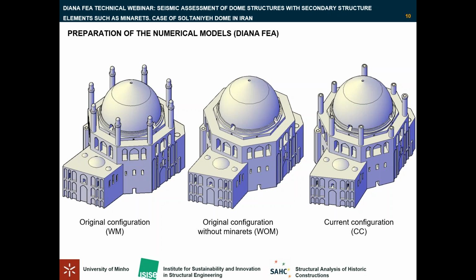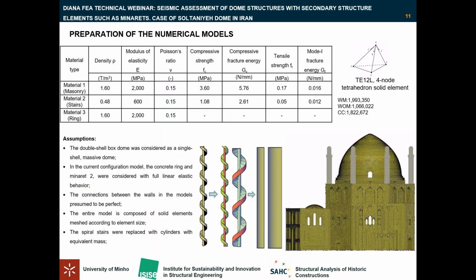Due to the large size of the model and its inherent complexities, and in order to decrease the number of the elements in the finite element model, that also affects the time of the analysis, the simplification strategy was followed.